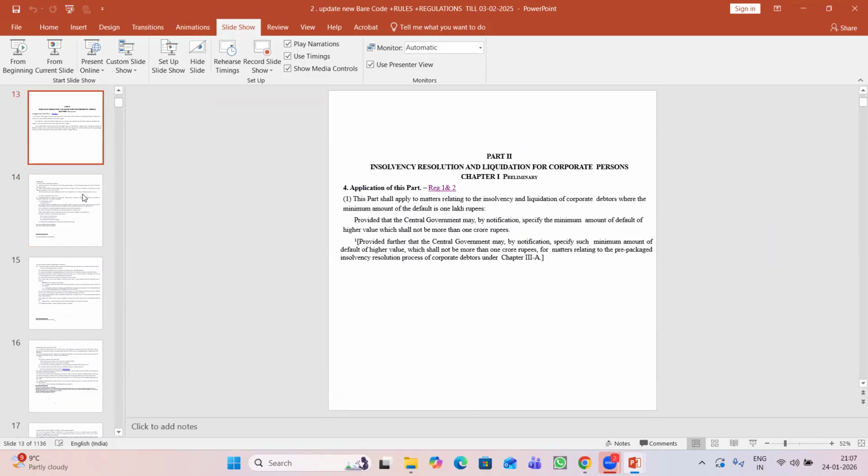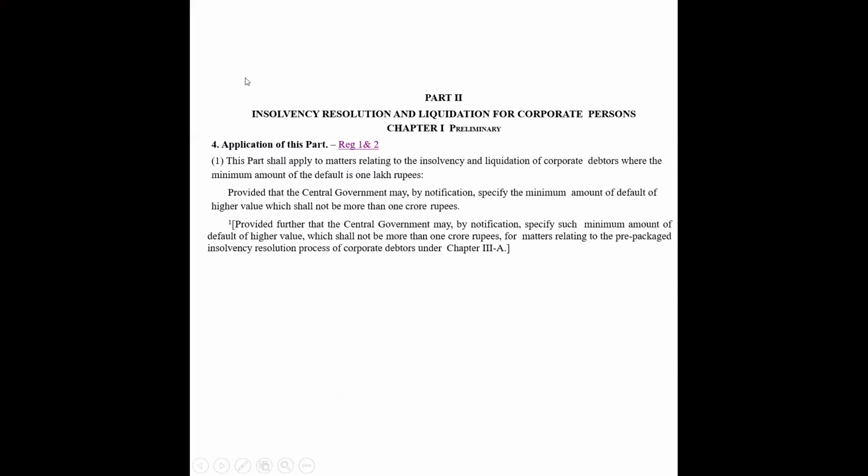So amount of default, minimum is 1 lakh, which the central government could increase to 1 crore rupees, and they have already issued a notification for this purpose. So as of now, the minimum amount of default for initiating process is 1 crore rupees. In case of pre-pack, it is 10 lakh rupees minimum.